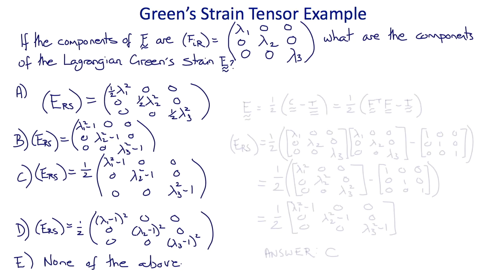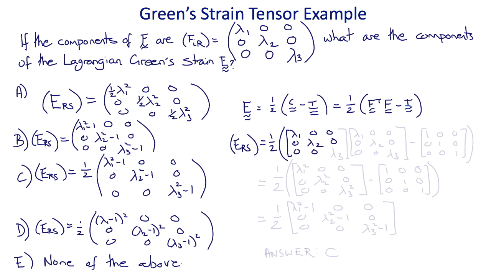So let's work this out. E is 1/2 of C minus I, which is 1/2 of F transpose F minus I. So doing the matrix operations, we get that the components of the Green strain are 1/2 times F transpose, which is the same as F up here because F is diagonal, times F minus the identity tensor.